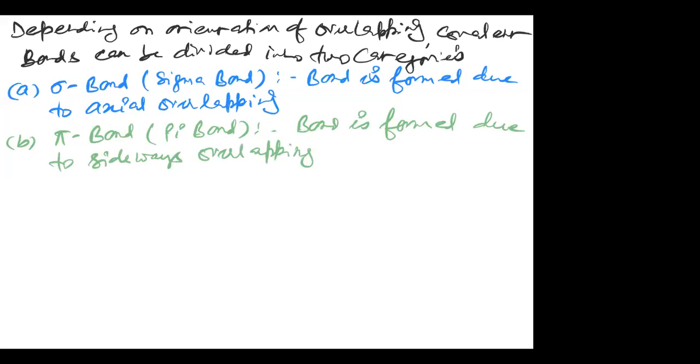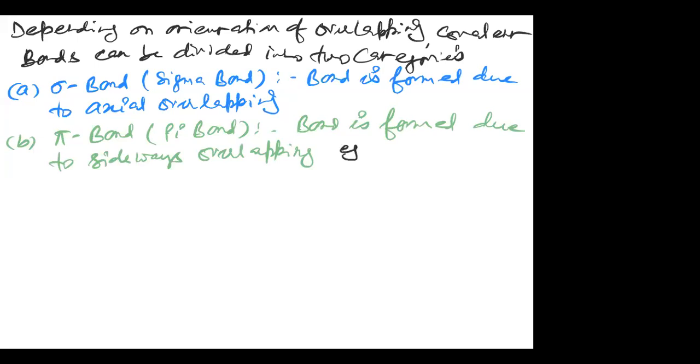So one is sigma bond, where the bond is formed due to axial overlapping. Pi bond, the bond is formed due to sideways overlapping. So depending on the orientation of overlapping, covalent bond can be divided into two categories, sigma bond and pi bond.